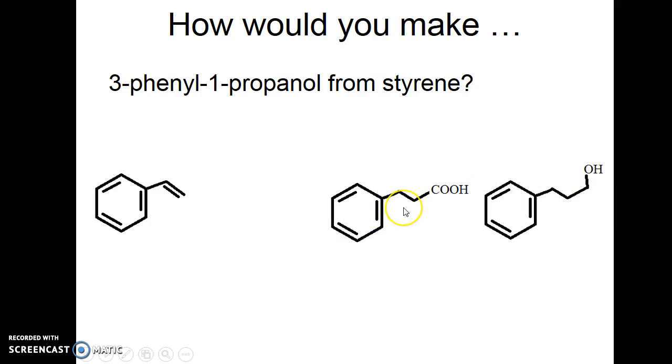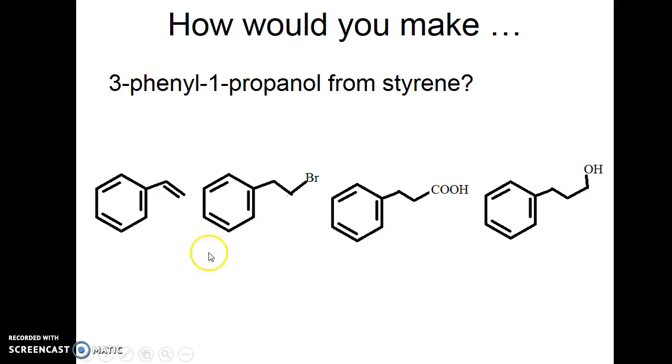So I can go back from here to here. Then how do I get from here to there? Well, I'm going to have to somehow change this to have a leaving group or something that I can use with a Grignard reagent. So I can put a halide on. Now you notice this is anti-Markovnikov addition of the halide.